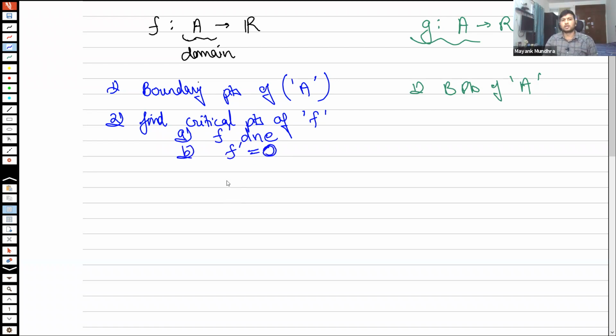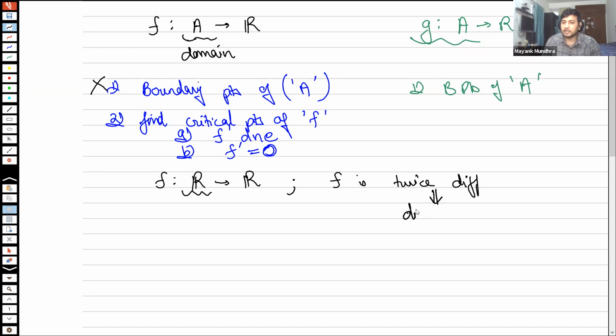Mostly what happens is they will give us a function f defined on R to R. So first of all, the domain is R, so there is no boundary point. Then they say that the function f is twice differentiable, let's say. Twice differentiable automatically implies that it is differentiable, which implies that f prime does not exist never happens.